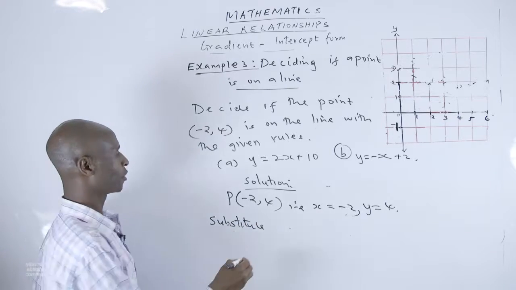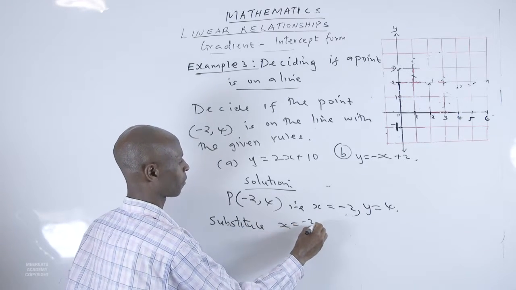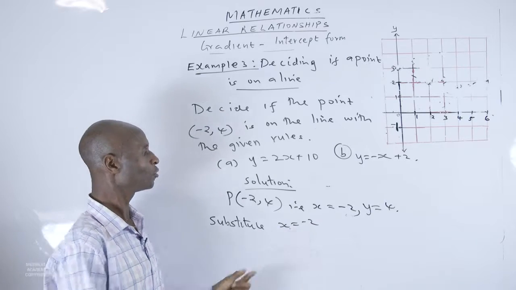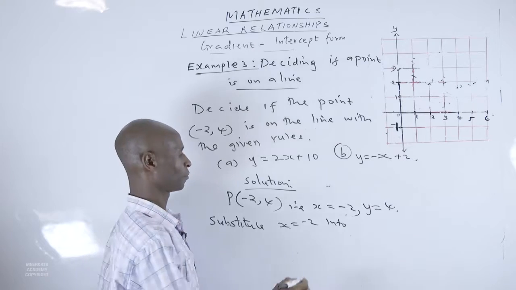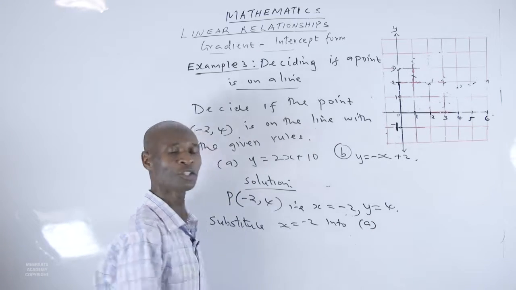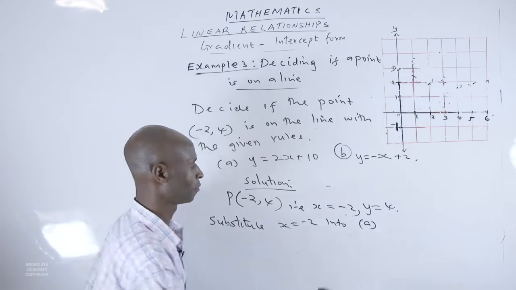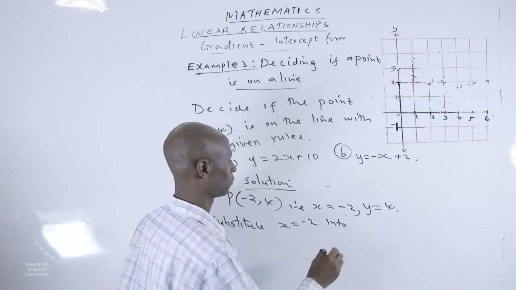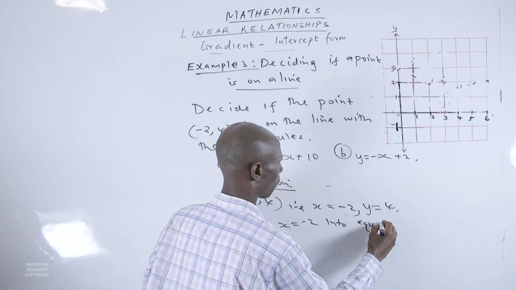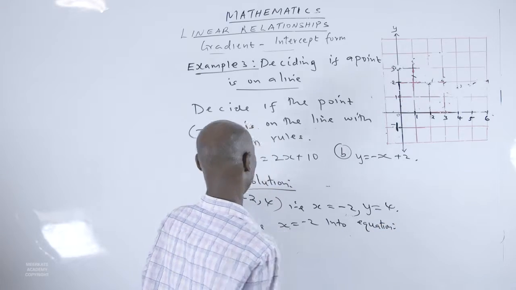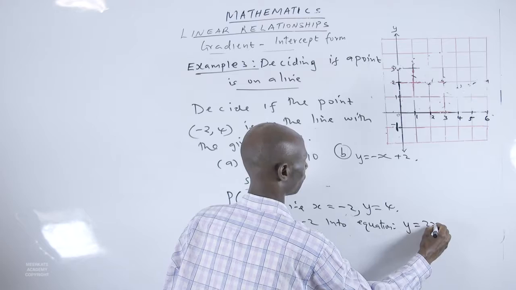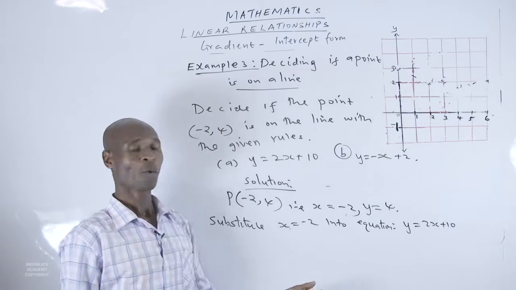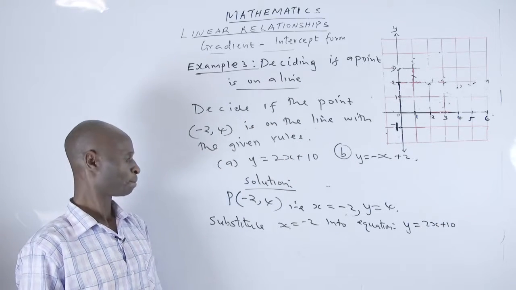So substitute x is equal to -2 into the equation y is equal to 2x plus 10.